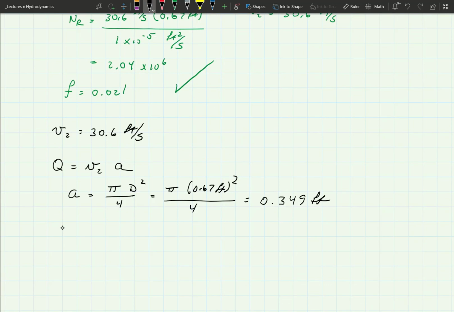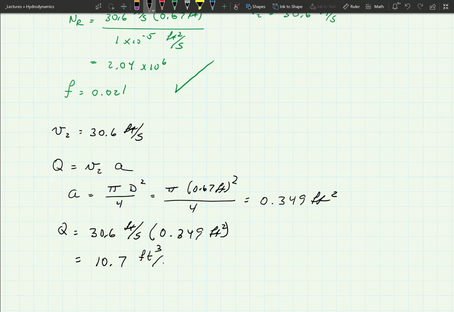And then Q will be equal to 30.6 feet per second times 0.349 feet. And we're going to get 10.7. Whoops, that's not right. This one's squared, and that one's squared.